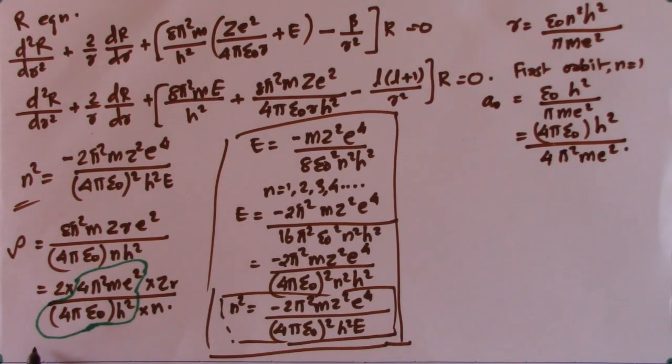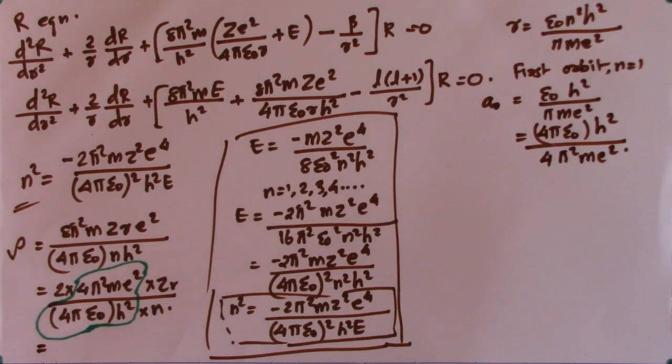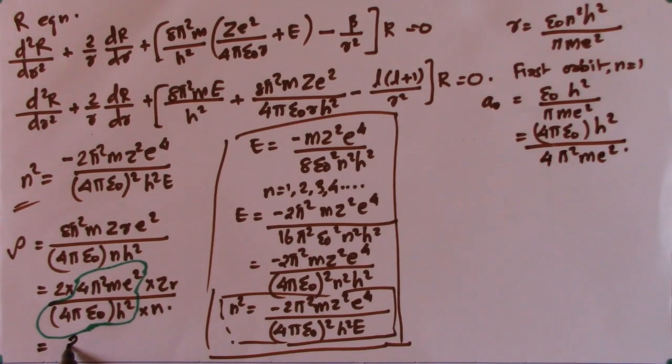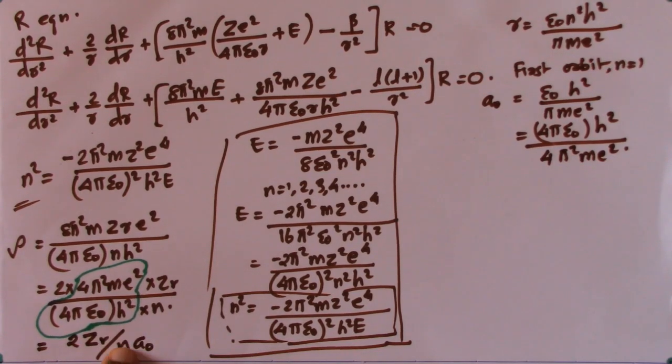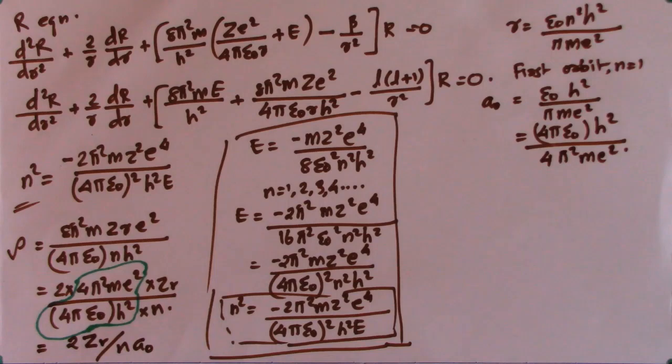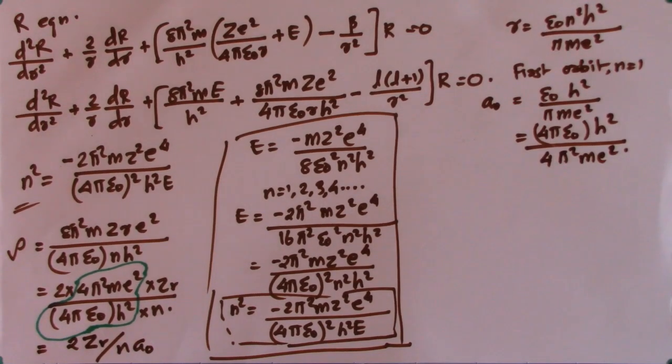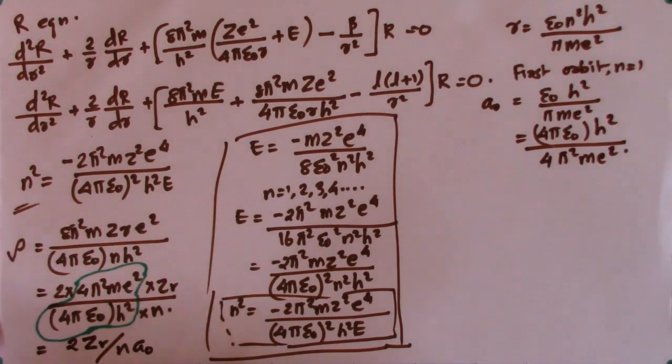So I can write rho is equal to 2 zr divided by n a0. I just put 1 by a0 instead of this one. So these are two important substitutions.